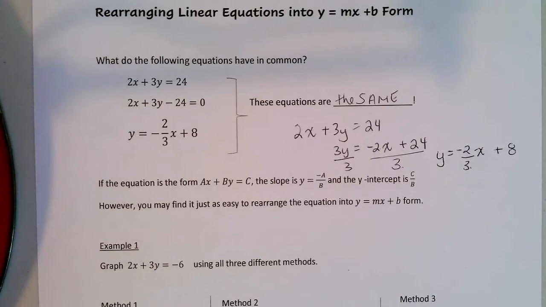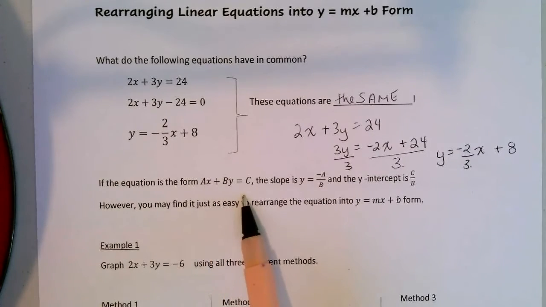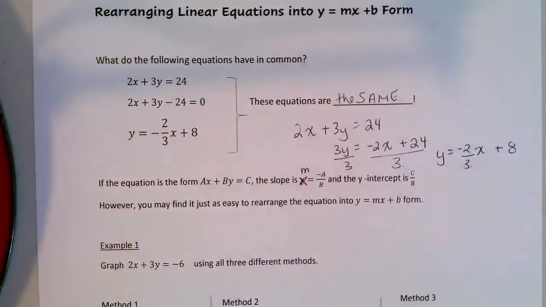Now, even if your equation is not in this format, it is noted in the homework booklet that if you have an equation in this format, meaning the x and y terms are on the left-hand side and there is a constant term on the right, in this particular case, the slope, oops, there's a mistake here, that should be the letter little m, is equal to negative a over b, and the y-intercept is c over b.